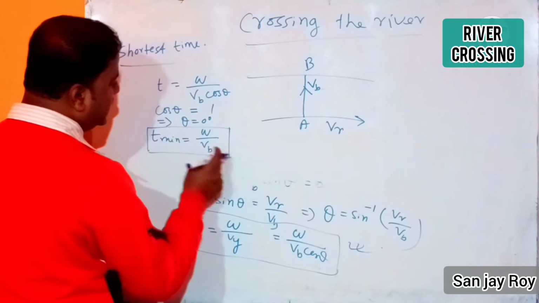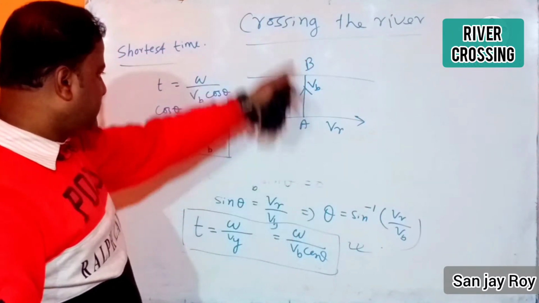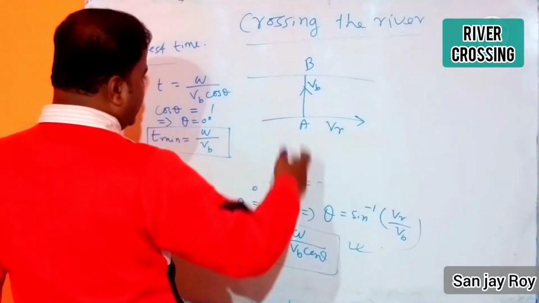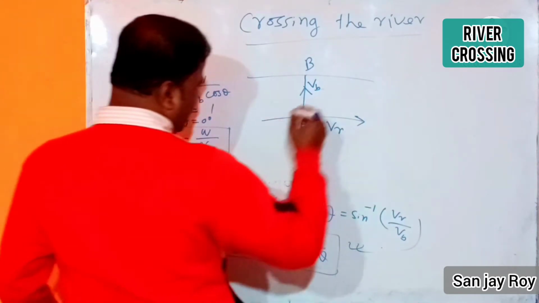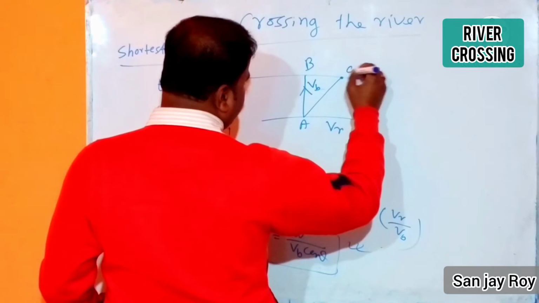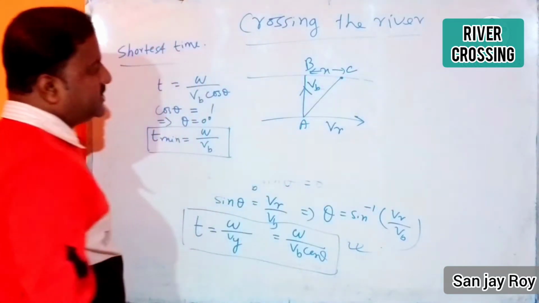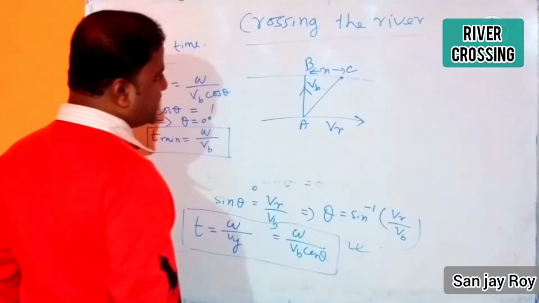Here only the velocity of the boat is responsible for this displacement along the y direction, W by VB. But in this case the boat will move, say, to this position C.